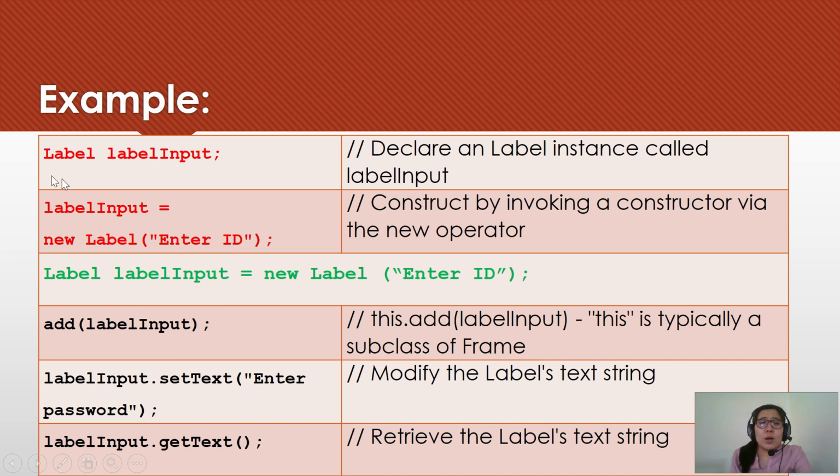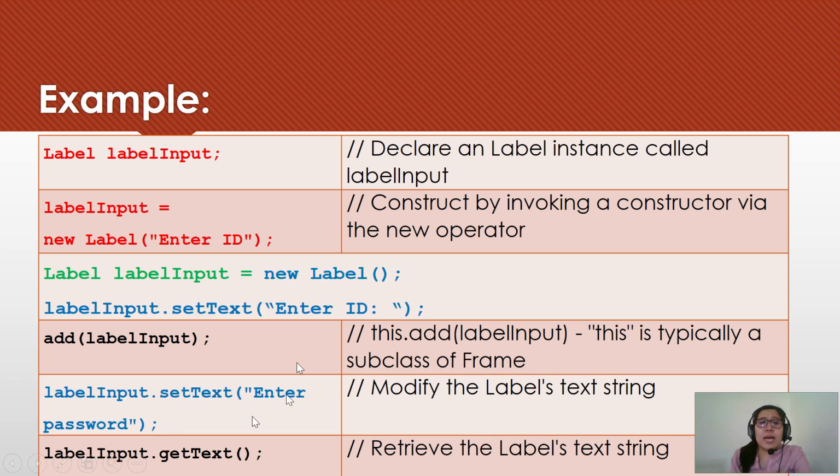They can be separated, these in red font, or done all at once, like this green font. Declared and invoked the constructor via the new operator at once. And after doing that, we do not forget to add that in the frame using the keyword add. Add and then the component we add to our container or frame.